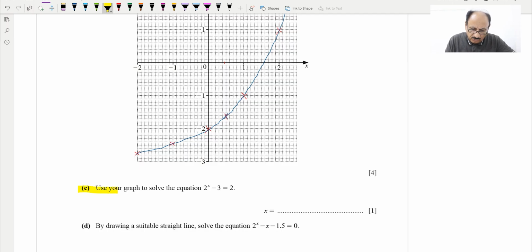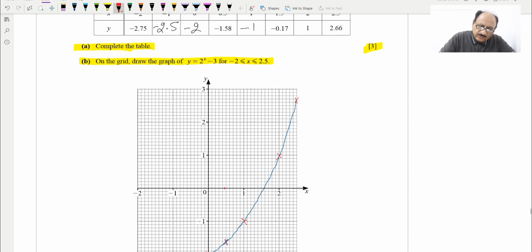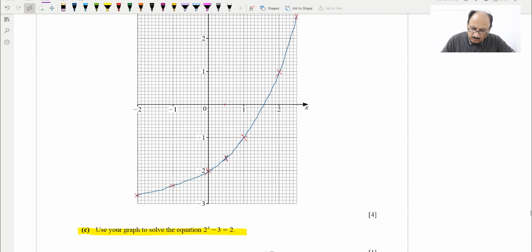Now part C, use your graph to solve the equation. This is equal to 2. So y is equal to 2. See this one, this is the same as over here. So we can write y is equal to 2.